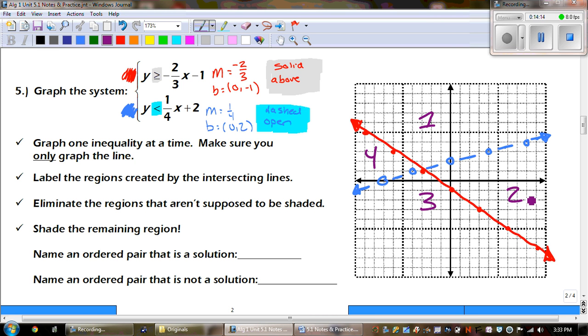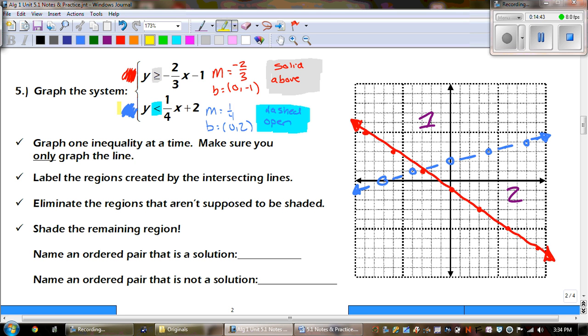Now my first graph, you guys aren't going to shade this, but you're just going to kind of watch what I'm doing. Okay, it said that I need to shade above the red line. So if I'm shading above the red line, did I shade 3 or 4? Nope, so I know those cannot be part of my answer.